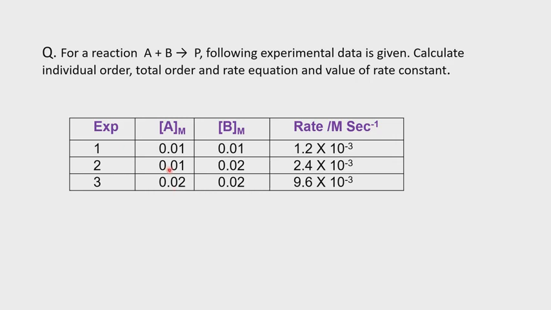This is the data of experiment number 2. This is the data of experiment number 3. So basically for this type of question, we have to compare the experiments: 1 with 2, 2 with 3 or 3 with 1.